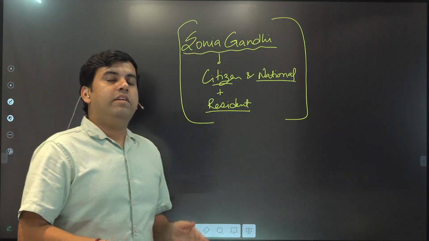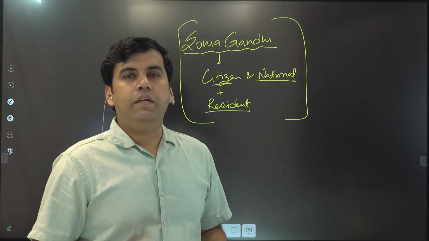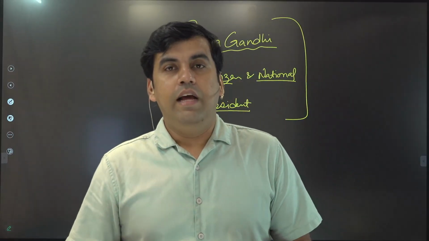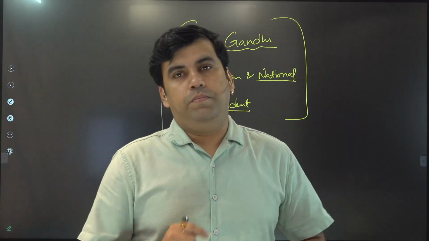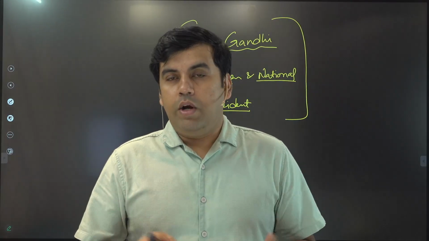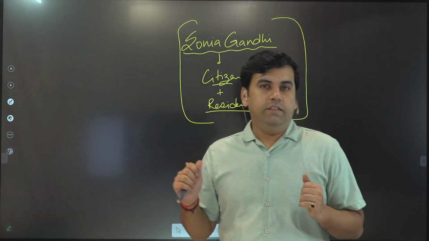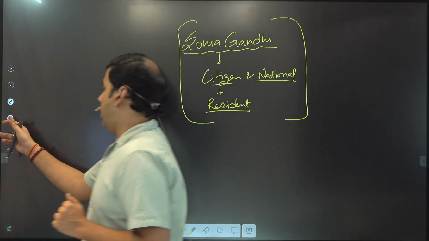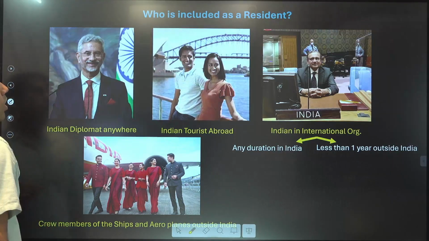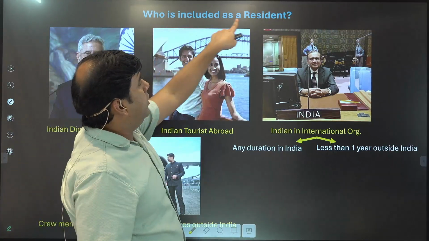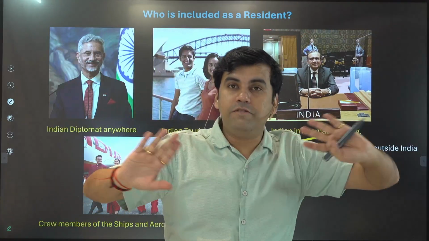But the rules and regulations across the world allow the change of nationality, the change of residence, the change of citizenship. Now, India does not accept dual citizenship. That's why she has to give up the Italian citizenship, right? This is how things are. Okay, this is the example which I gave you. Who is included as an Indian resident irrespective of where they are?